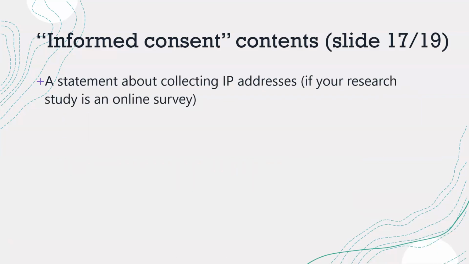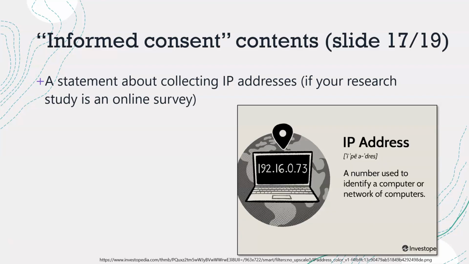You need to include a statement about collecting IP addresses if your research study is an online survey. If you don't know what an IP address is, essentially it is an identifying number that is attached to a computer. So potentially, if you get somebody's IP address, you can track them down to their home.